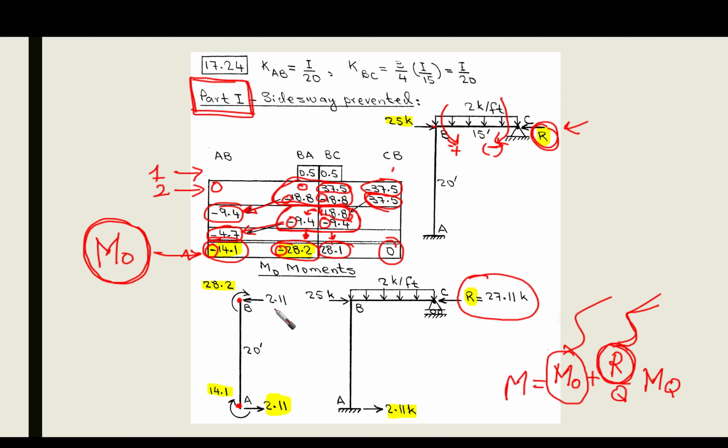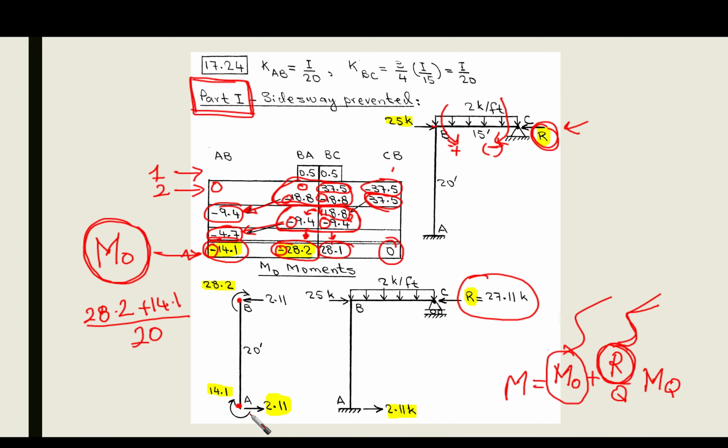So we need a value which is 2.11. Actually, this 2.11 comes from 28.2 plus 14.1, the moment values, both of them divided by 20, which is the arm length here, in order to make a couple.